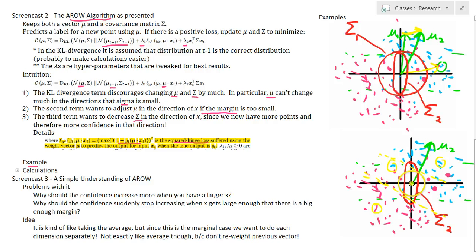And so we know we want to try and do an update in this direction. So we want to try and go in this direction. However, because we're so confident in this direction, when we minimize this, there's going to be a really big cost from moving in that direction, left and right.